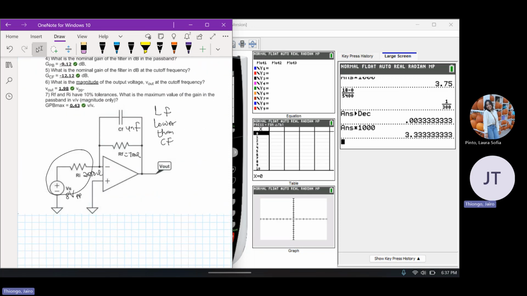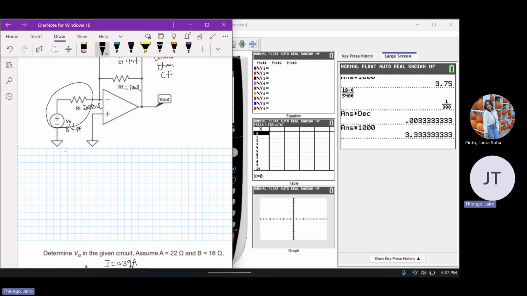The formula for calculating our cutoff frequency, I had that written down somewhere. Okay, it'll be 1/2 pi RF CF.